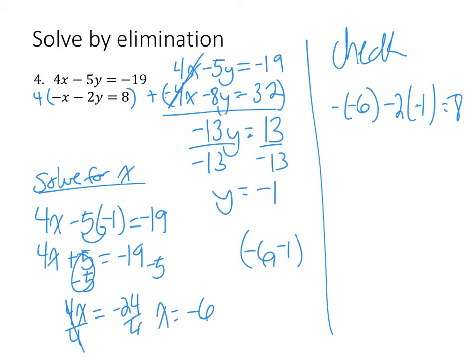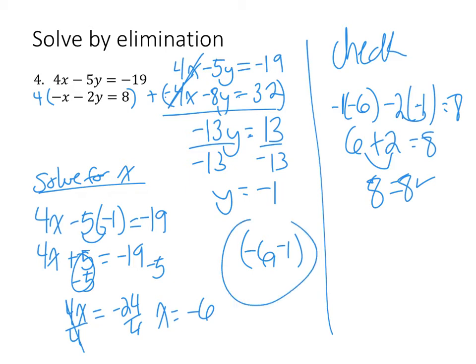Negative times negative 6 will give me a positive 6. Negative 2 times negative 1 will give me a positive 2. 6 plus 2 equals 8, equals 8. Checks out. Remember, this would be like a negative 1 here, so negative 1 times negative 6 will give me positive 6. So negative 6, negative 1 is my solution.